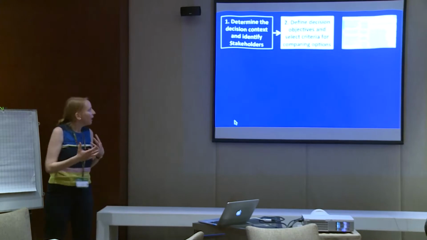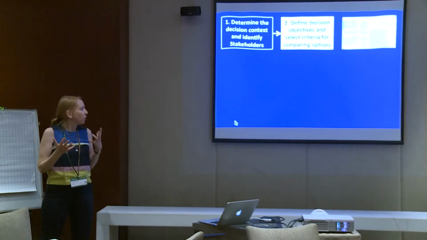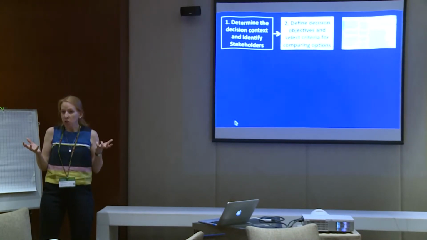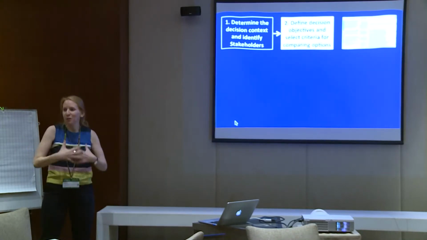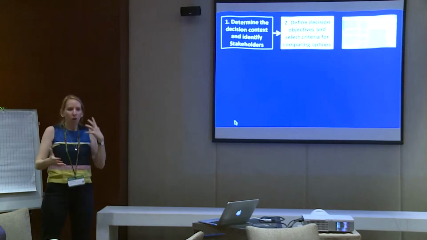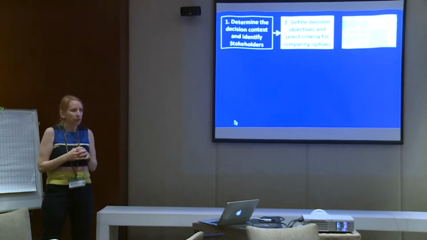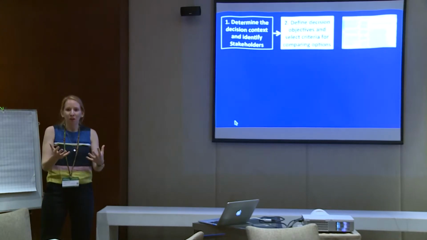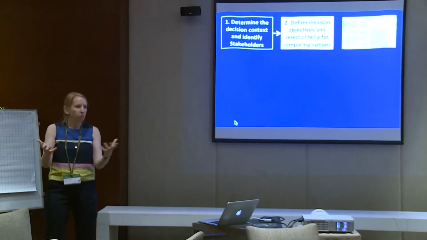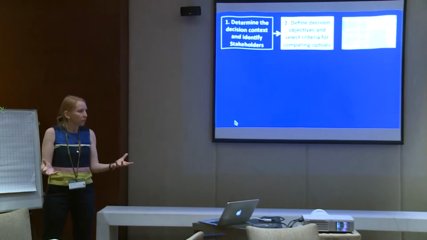You then define what the objectives are for your decision, hopefully with those stakeholders. So it's not something that you sit at your desk and think about. It's hopefully a process that you go through together and think, well, first of all, this is a nutrition project, so we want to be able to improve the nutrition probably of key target groups in the community.